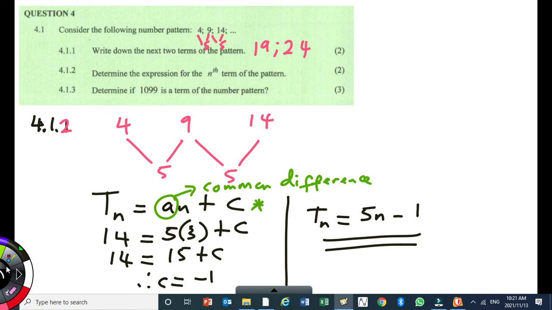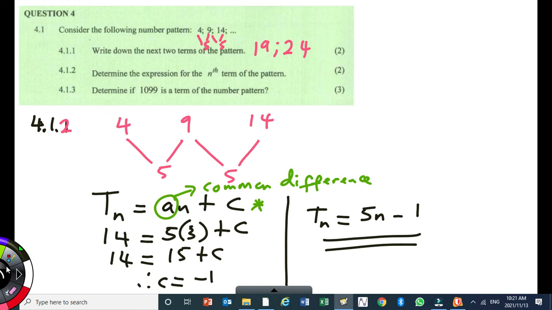You're following that? Then the next question says, determine if 1099 is a term of the number pattern. That question can be done in more than one way, but the way I'm going to do it is to substitute 1099 where there's Tn, then solve for n. My n must be a positive integer.